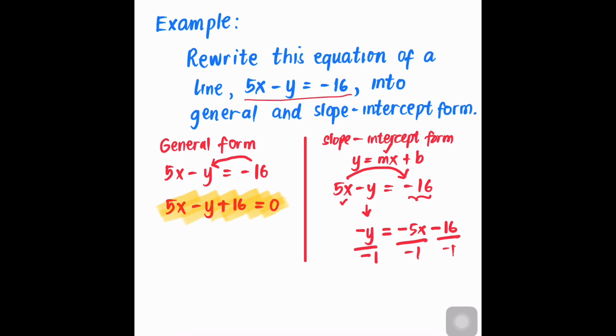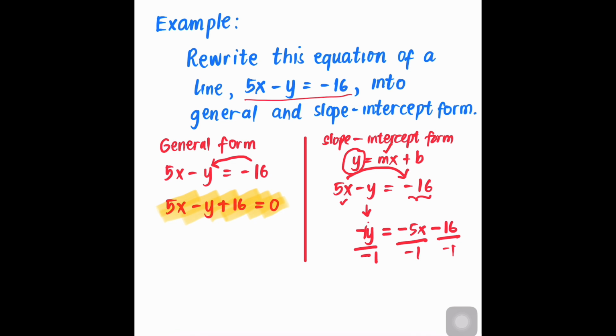Because for slope-intercept form, it says y is the only thing on the left-hand side. But there is a numerical coefficient of y, so there's an invisible negative 1 in here. So that needs to disappear, not by erasing it, but we have to divide all the terms by negative 1.